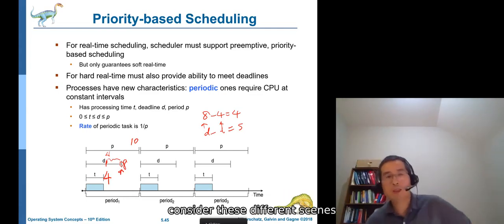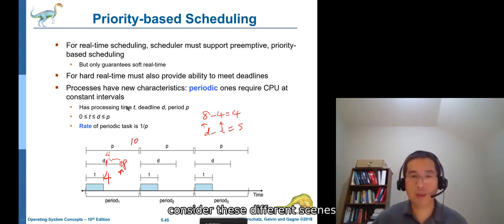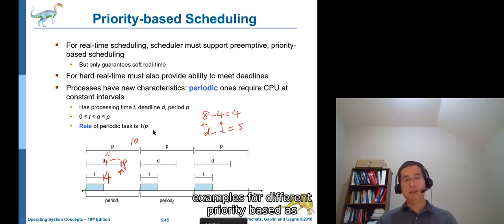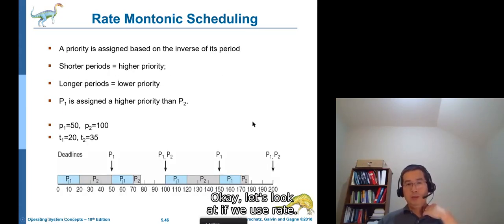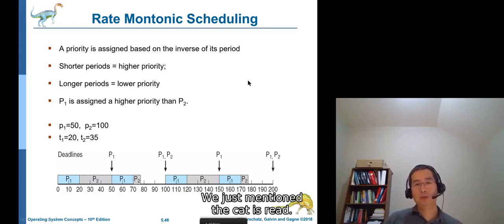Okay, so in a real-time system we consider these different things. Later when we work on examples for different priority-based scheduling algorithms, we'll always look at these 3 numbers: T, D, P. Okay, let's look at if we use the rate we just mentioned.